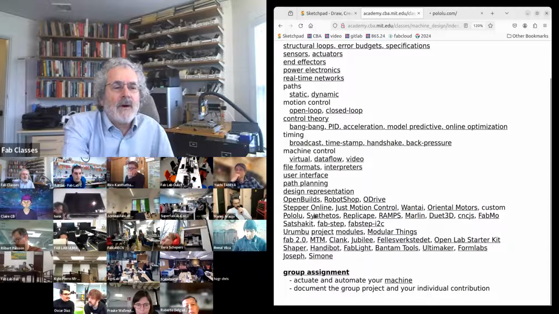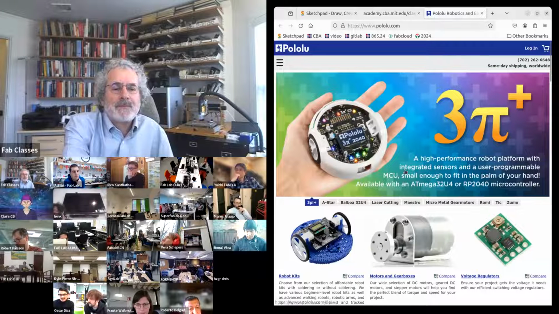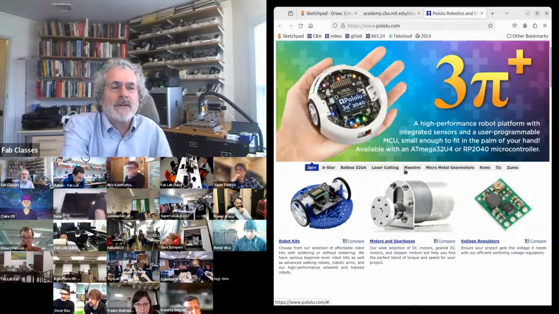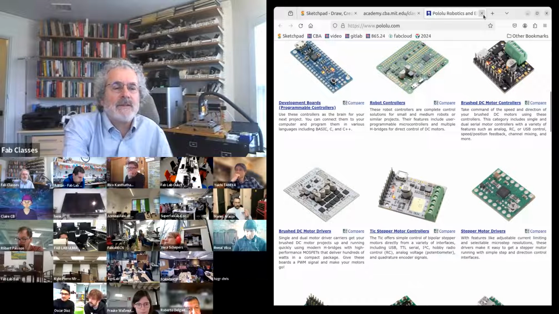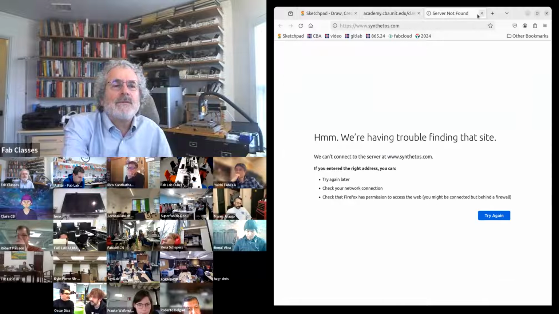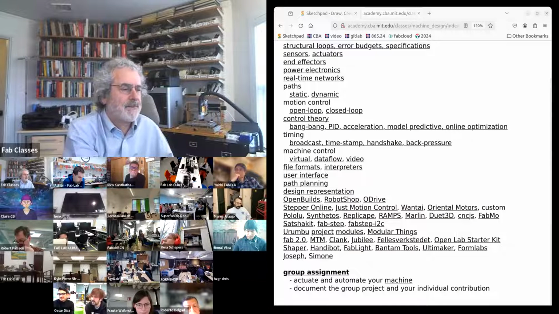Okay, next come motor controllers. Pololu, as an example, will sell you an individual motor controller. It'll sell you integrated arrays of motor controller boards. Synthetos is, I'll fix that link.